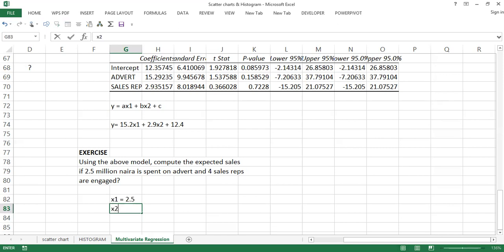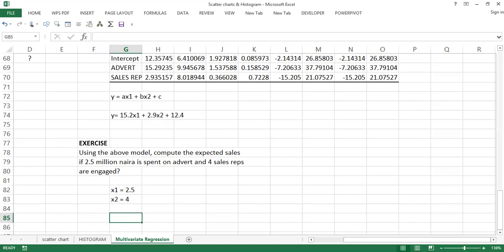X2 is what? 4. X2 equals 4. So we are computing for Y.